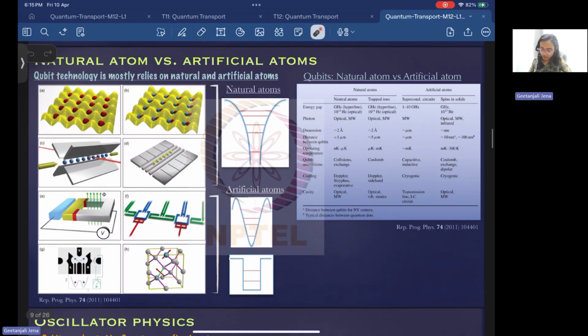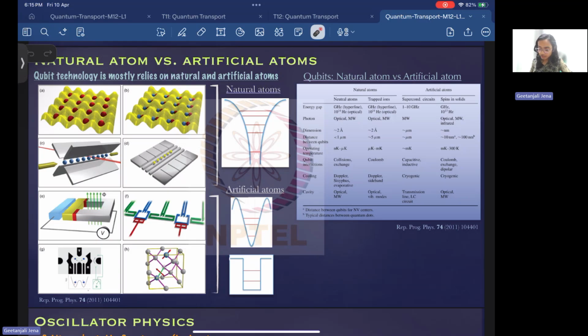For the next two cases, we have ion traps using the electromagnetic field. These two figures show ions trapped, and we can use the quantum state of this trapped ion to store and manipulate the information.